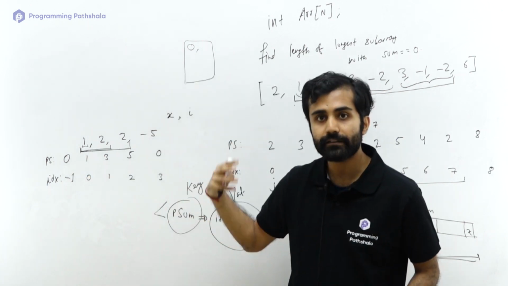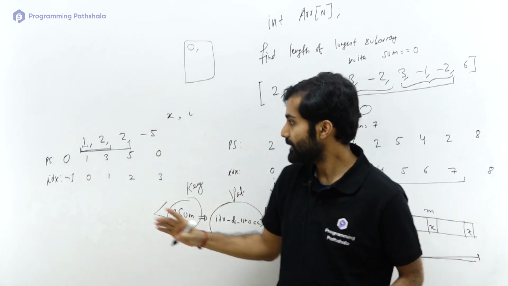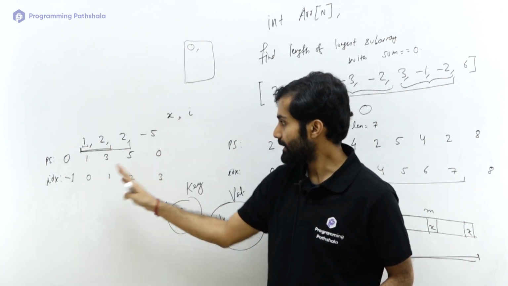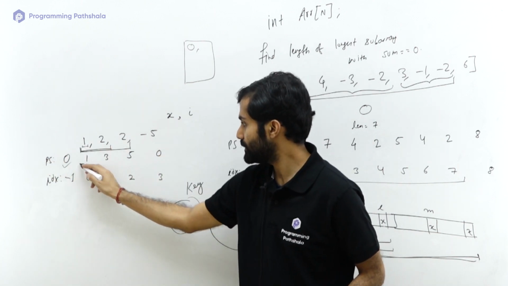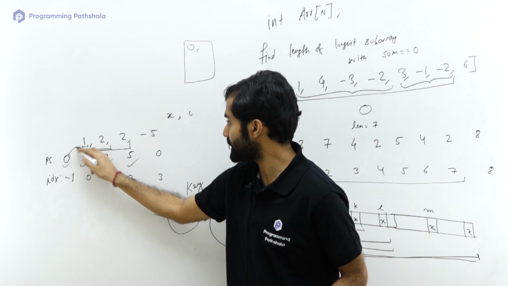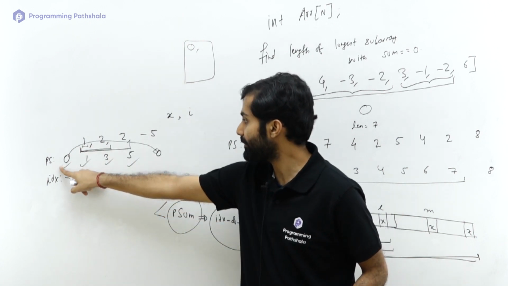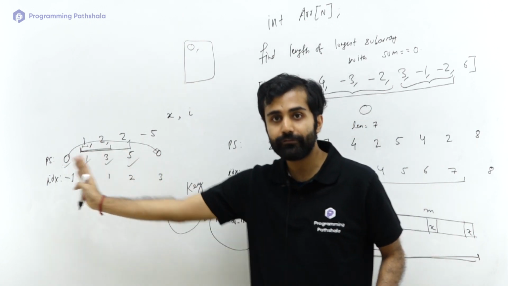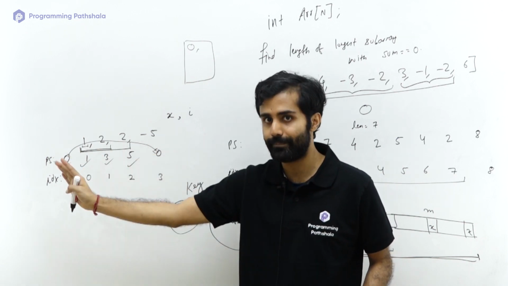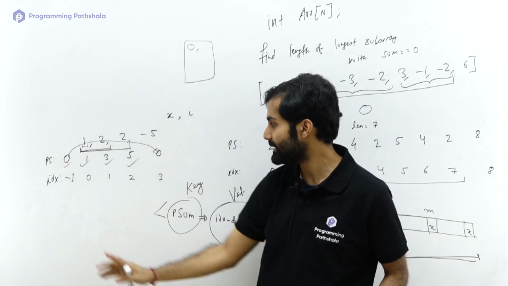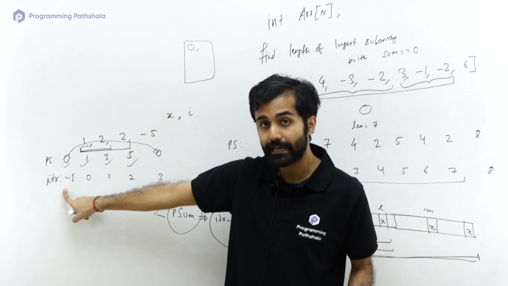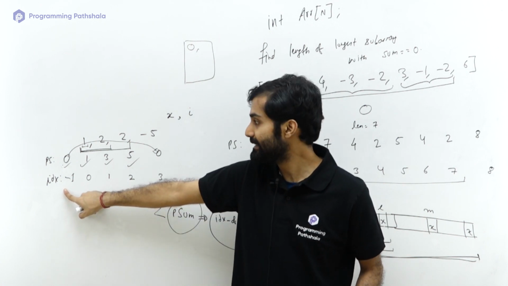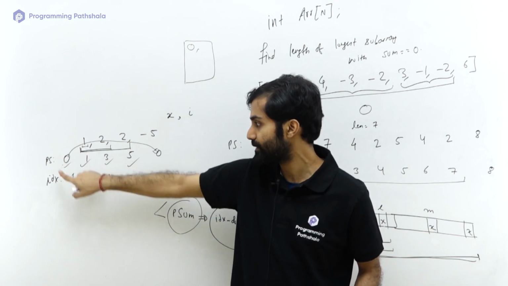And it can be thought of in a very easy manner. Even if you take this example and take a look over here, you would note that this prefix sum got repeated here. And whenever a prefix sum is repeated, you check for the distance, the gap, and you will be able to get the correct gap between 3 and this point if and only if you have initialized the index of first occurrence of 0 as -1.